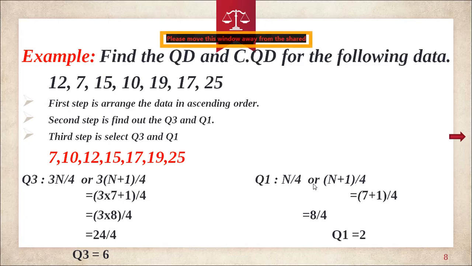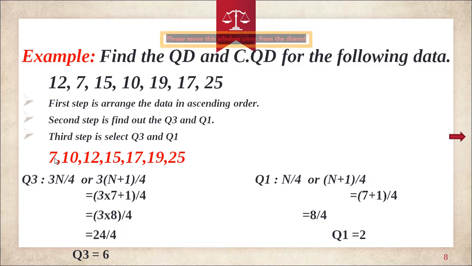Or else, sometimes, depending on the number of observations, we need to go for n plus 1 by 4. Generally in statistics, when we are estimating, we can go for n plus 1 by 4. What is n here? The number of observations.